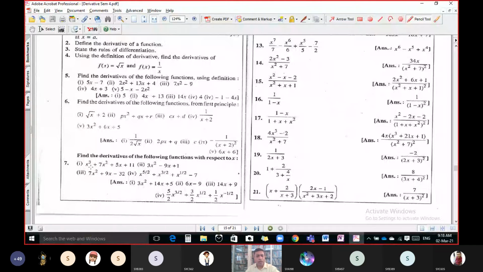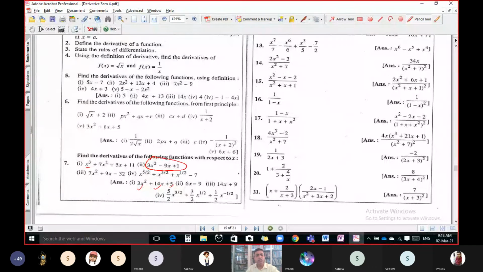You can find the answer of this orally. What is the derivative of x cube? 3x square. Plus, what is the derivative of 7x square? 14x. Plus derivative of 5x is 5. And derivative of 5 is 0. So this is your answer, over.